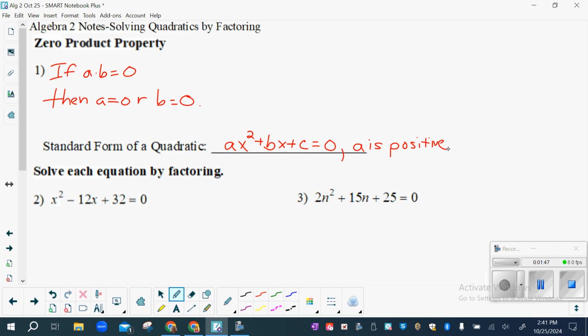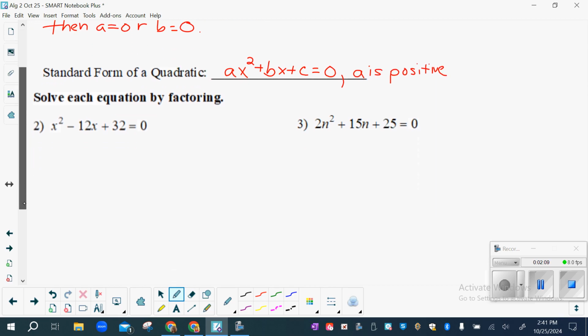We have a 2 and then a 1 and then no variable here. They're greatest to least, so descending order. We have a 2, a 1, and then no exponent, or 0, which would be there. So it has to be in descending order with the a being positive.